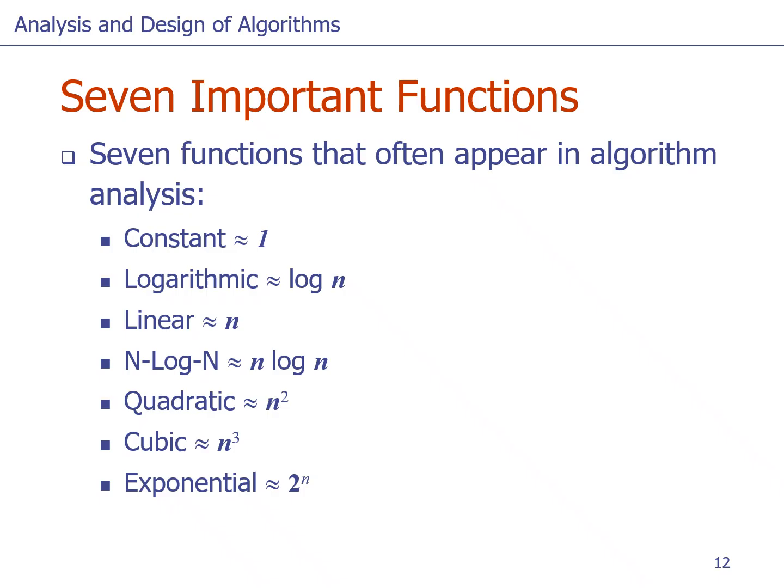I don't want to be in a position where someone asks me, what's the performance of an algorithm, and I tell him, okay, it's going to be 96n cubed plus 27n squared plus 103n plus 77. Okay, it's just too much.